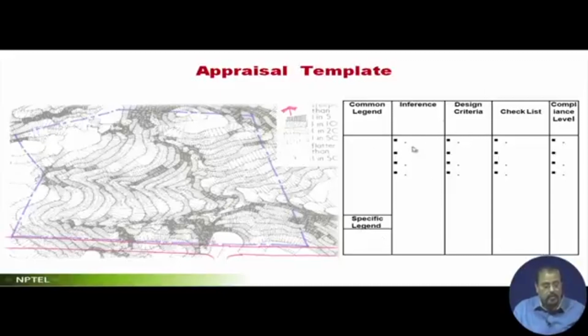The inference is that overhead tank has to be placed at the highest level, the water body has to be placed at the lowest level. These are all inferences, and as soon as you do this, then the design criteria for the overhead tank is that it should be placed at the highest level, as in the inference, but it has to be nearest to the entry point from the municipal water supply.